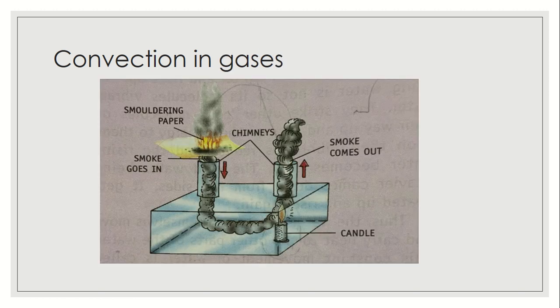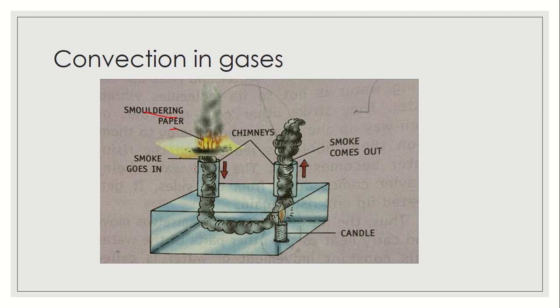Now let's see it in gas. Let's understand it with the help of an example. Take a rectangular box, put two holes in it and place glass tubes, which will act as chimneys to the rectangular box. Now put in smoldering paper, which burns for a long time. That's why it is known as smoldering paper.